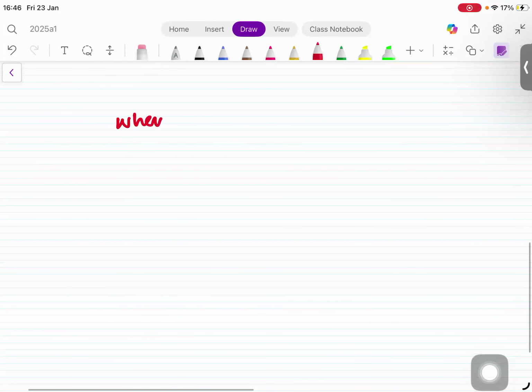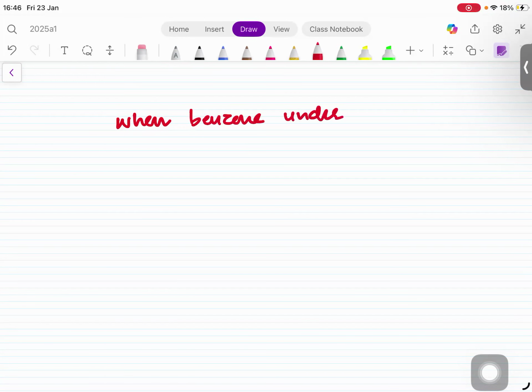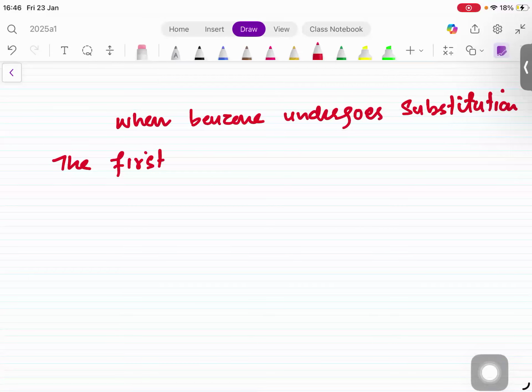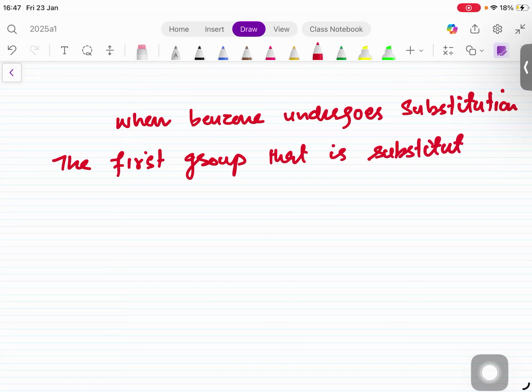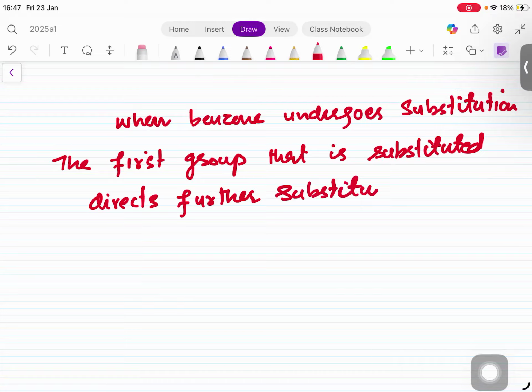When benzene undergoes substitution, the first group that is substituted directs the further substitution.